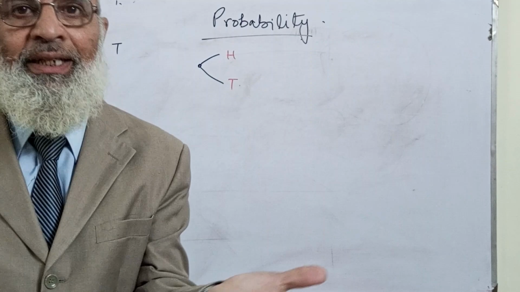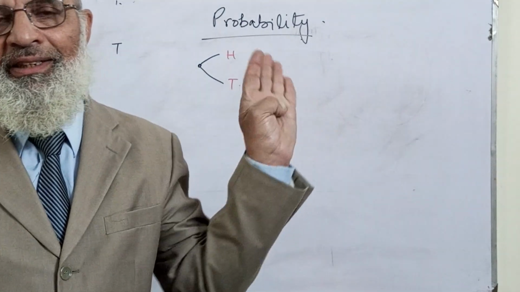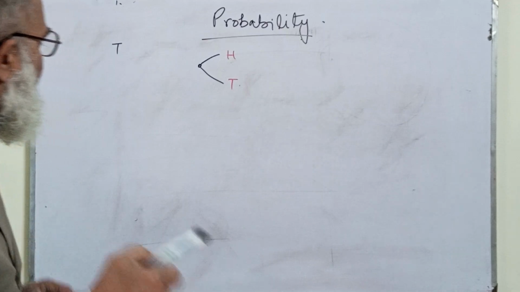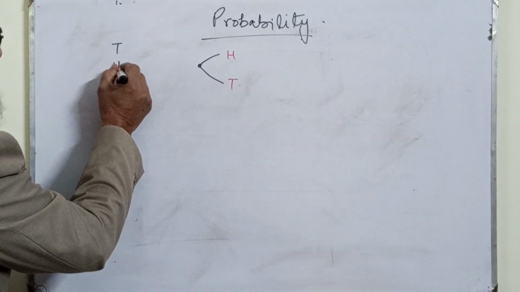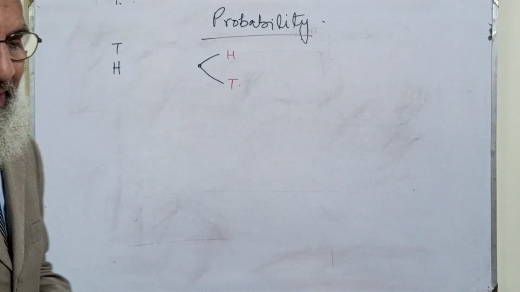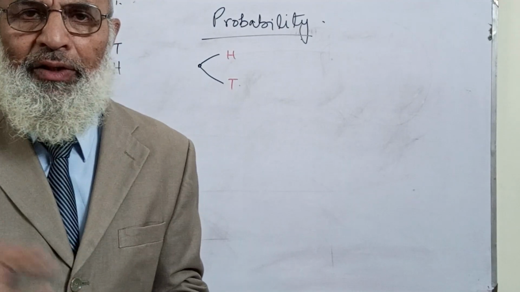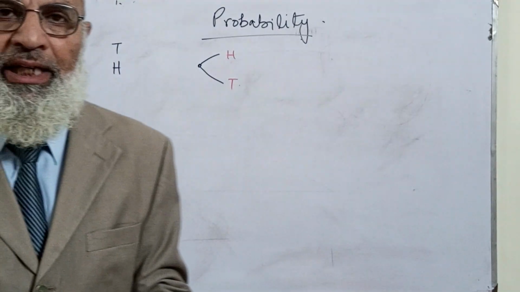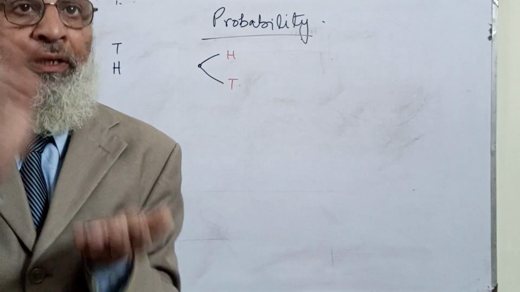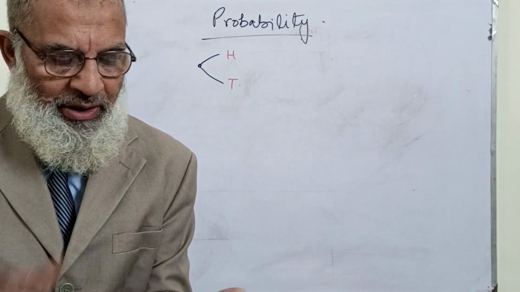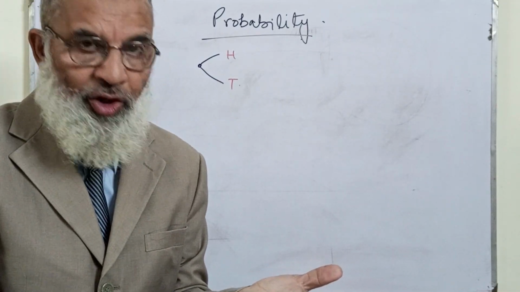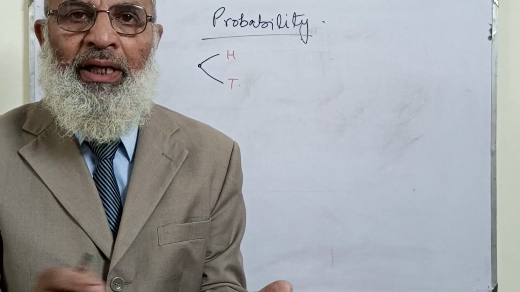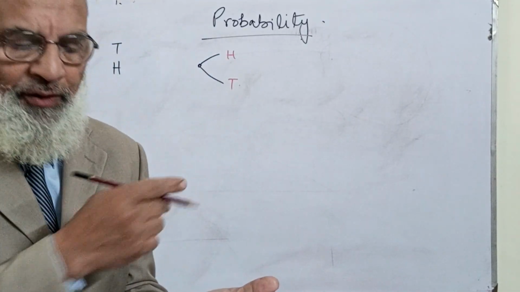Now you see it has come head. Again, if I do it, let me do it for 10 times, 2 and 8 times more. I'll just note it down in my book and then I'll reproduce the same result on the board.